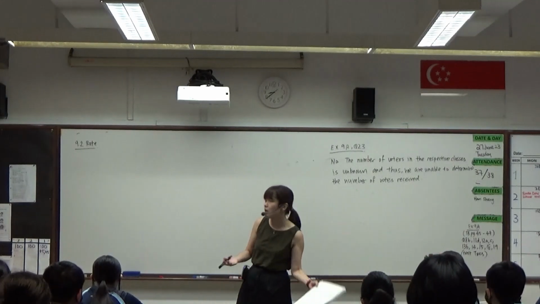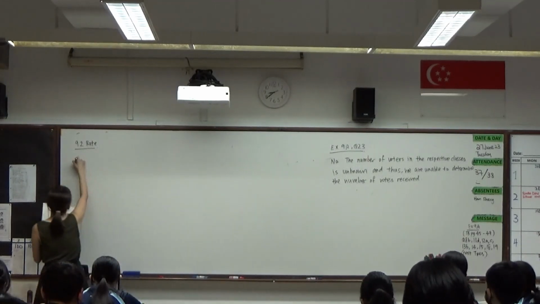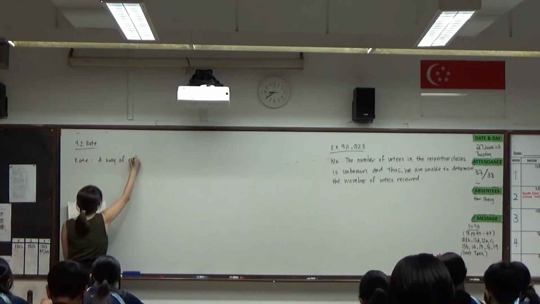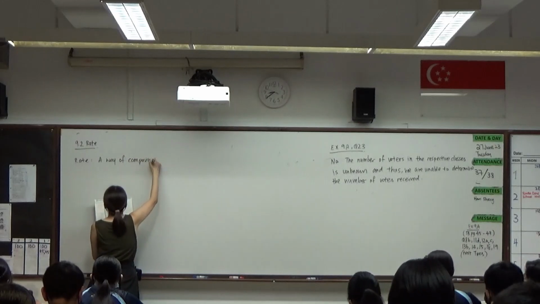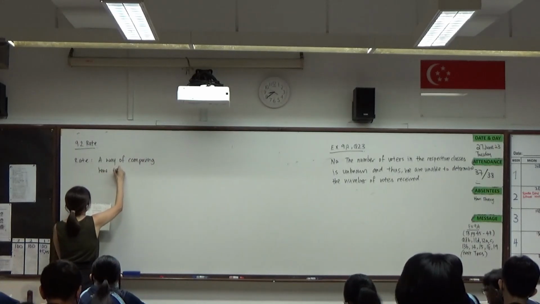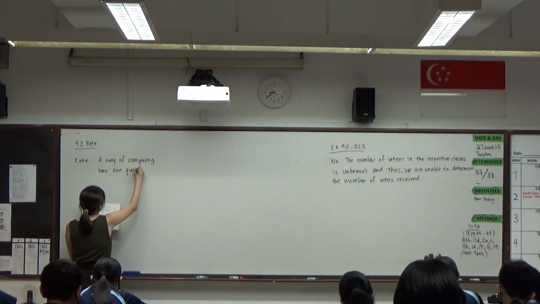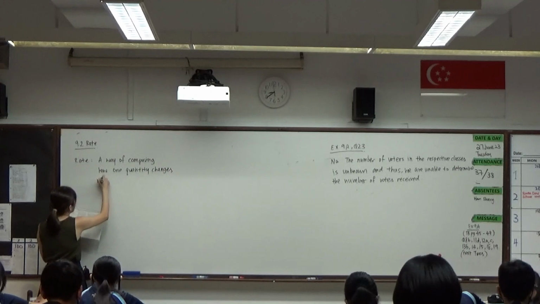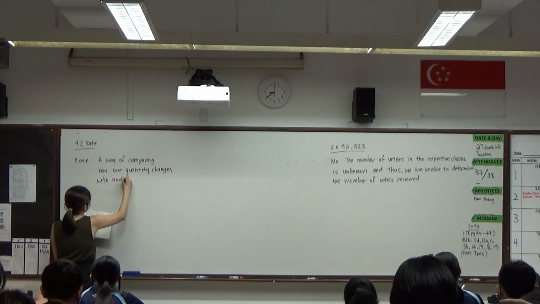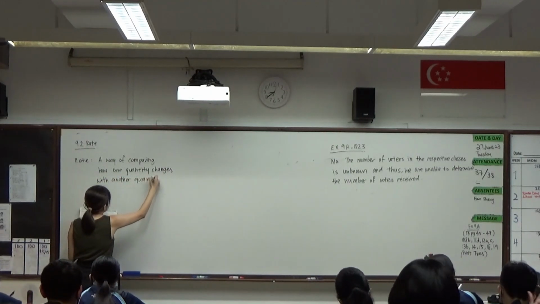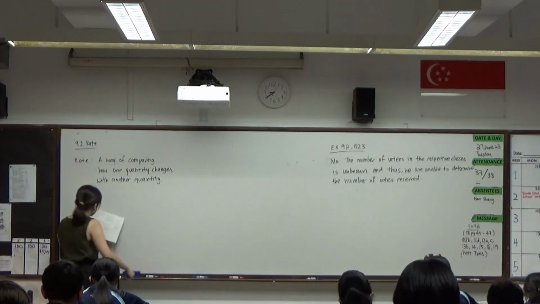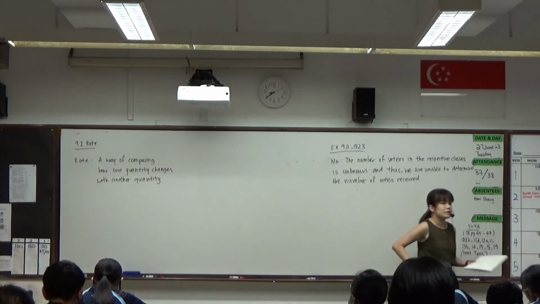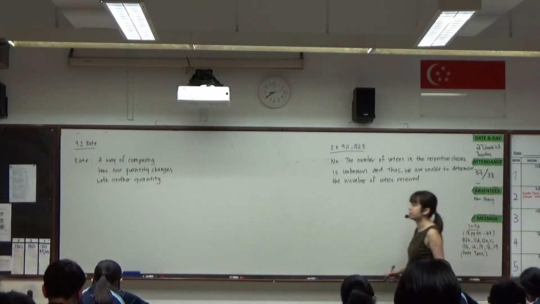But the exact idea about rate in mathematics is that it is a way of comparing two quantities, about how one quantity changes with another quantity. It may not always have to be associated with time.